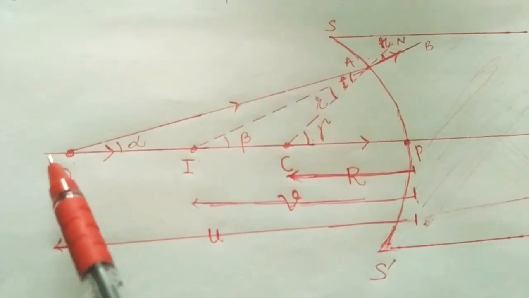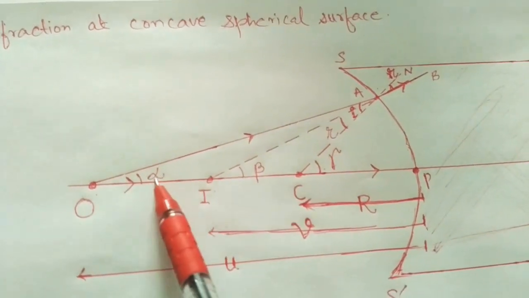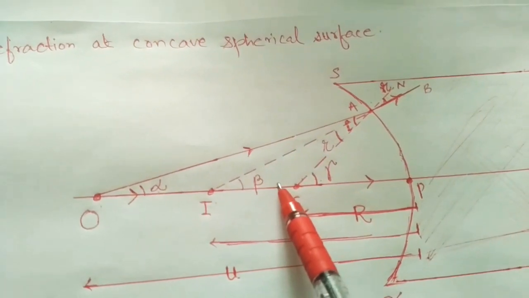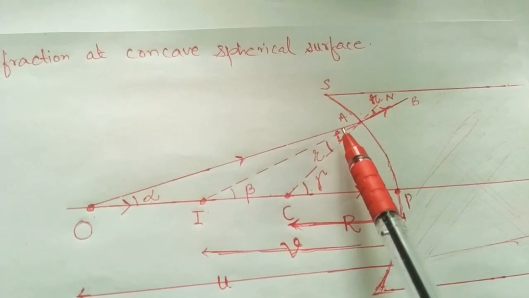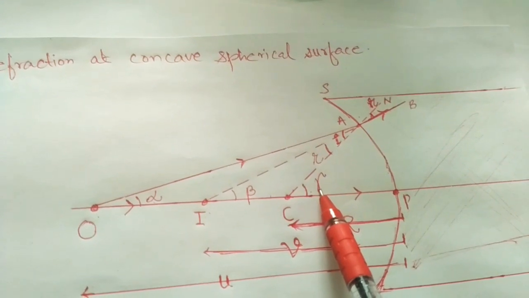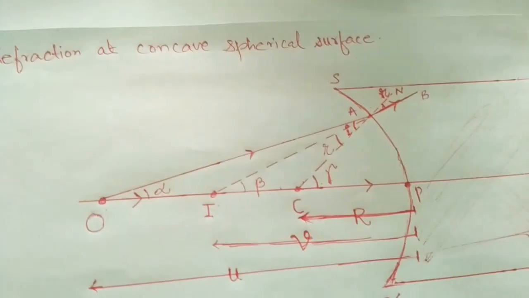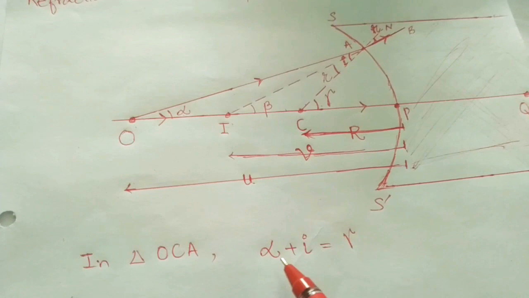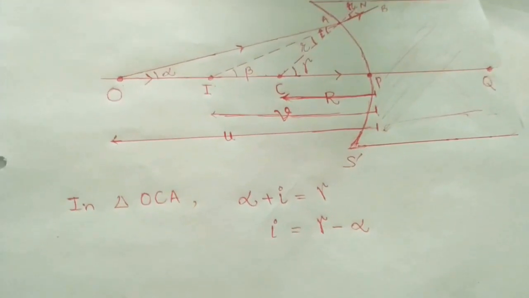See, in this triangle OCA, the sum of this angle alpha and I and this one total makes 180. And the exterior angle property says the sum of two interior angles is equal to the exterior angle, means the sum of alpha and I is equal to gamma. Let's write that. See here, the triangle OCA, alpha plus I is equal to gamma, or I is equal to gamma minus alpha.